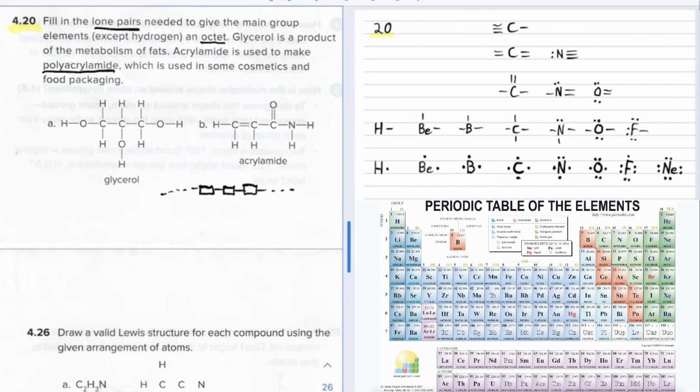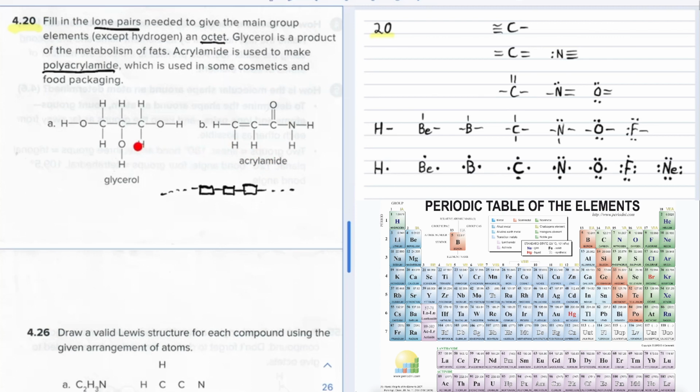And you can form polymers from many different types of molecules. If you form it from this one, you'll call it polyacrylamide. If you form polymers from ethylene, you call it polyethylene, and so on and so forth. And from amino acids, that would be a polyamino acid, polypeptide, which are basically proteins. Anyway, I don't know much about polyacrylamide except that it's a bunch of these molecules attached together.